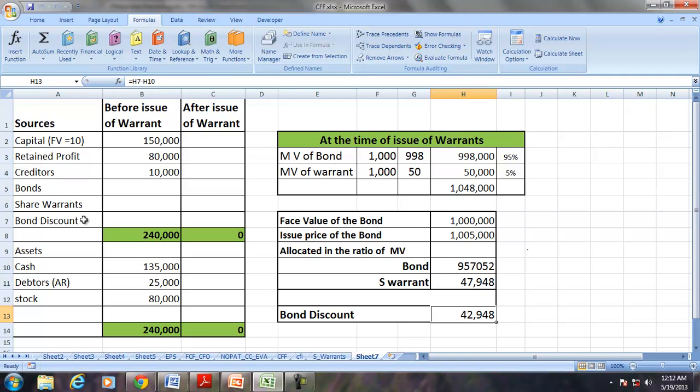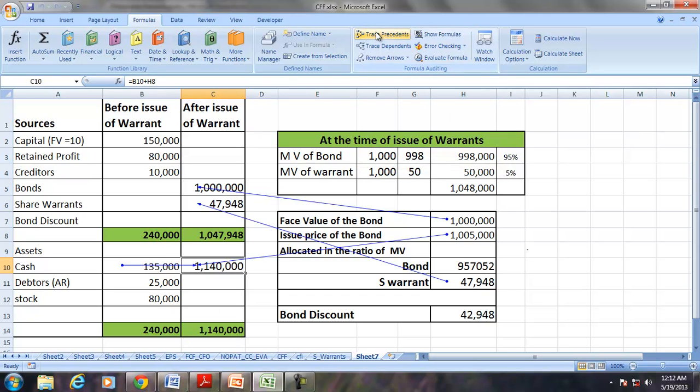So there is a bond discount. Let us see how this will appear on the balance sheet. We are getting cash of 105,000. Cash will increase to the extent of 105,000. The bond will be shown at the face value. The share warrants will appear as equity at the value determined.